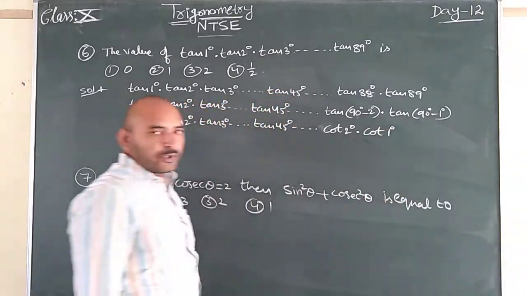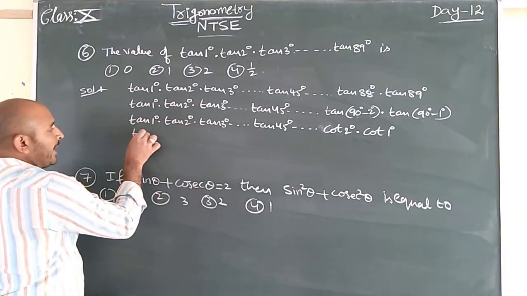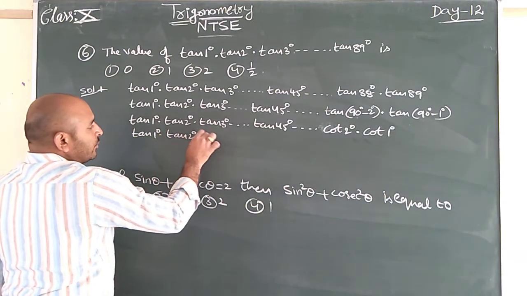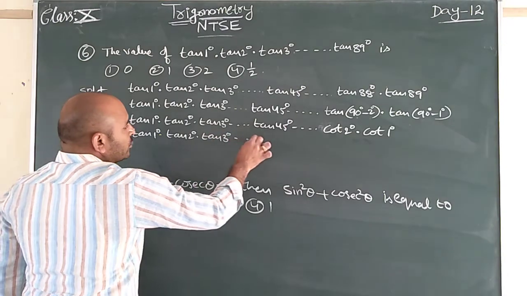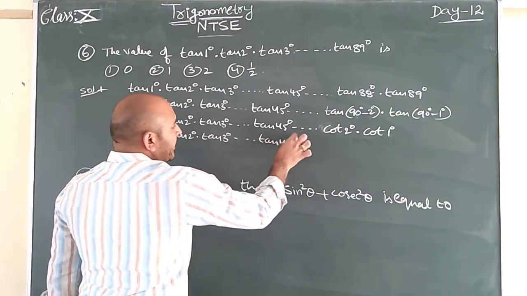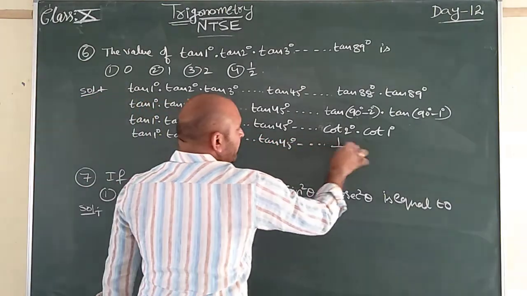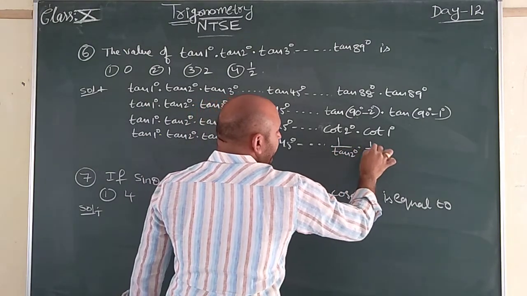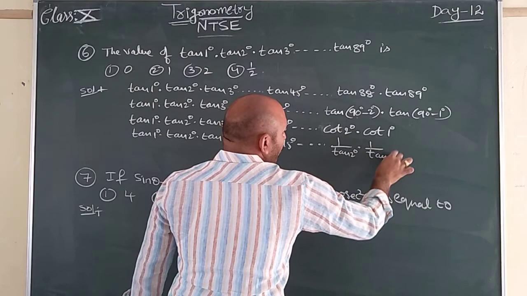So this is cot 2 degree, and this is cot 1 degree. So tan 1 degree into tan 2 degree into tan 3 degree and so on, tan 45 degree and so on, you can write as 1 by tan 2 degree into 1 by tan 1 degree.